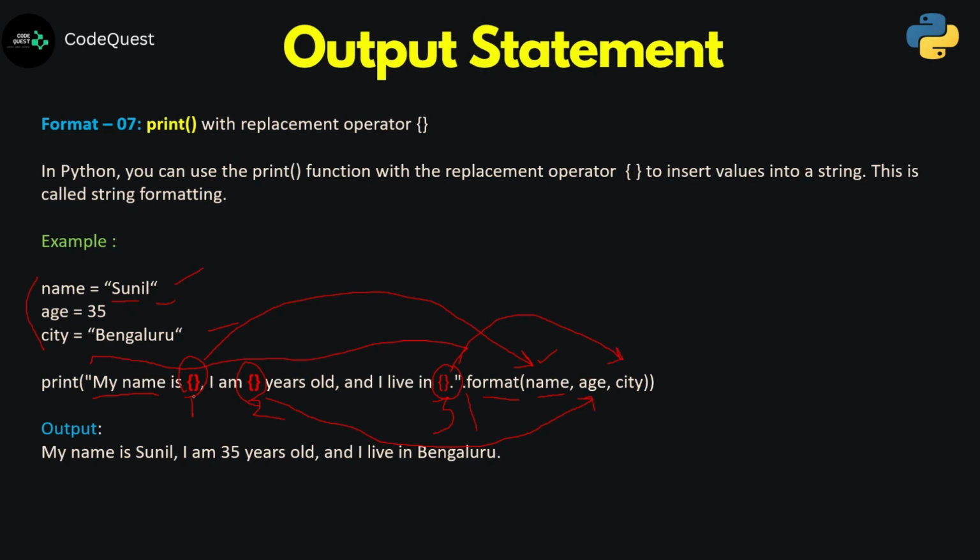So the curly braces positions and the sequence of these variables inside the format are to match, so that the number of parameters that you are writing here is exactly going to match with the number of pairs of curly braces. So now you can see my name is, as usual, and this Sunil is the replacement of these curly braces, whereas this pair of curly braces is replacing 35, and finally this is replacing Bangalore.